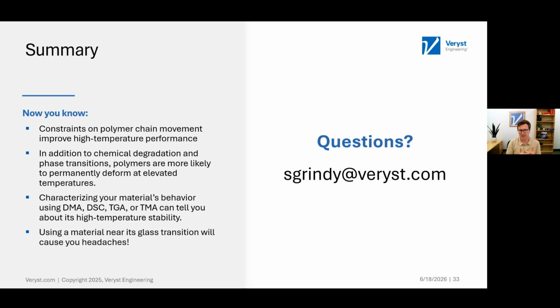And then we talked about characterizing material behavior using different techniques, which give you different windows into the high temperature stability or functionality of your materials. And finally, if you remember nothing else from today, you will have headaches if you try to use your material near your glass transition temperature. So you should know what that is beforehand.